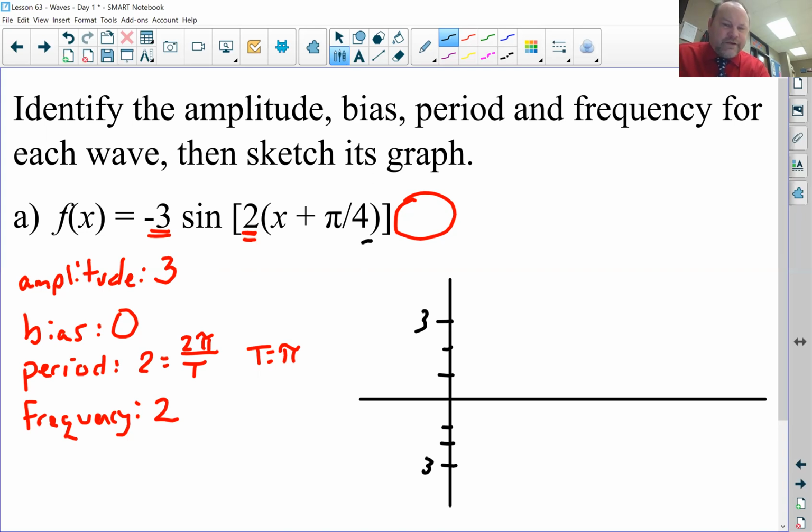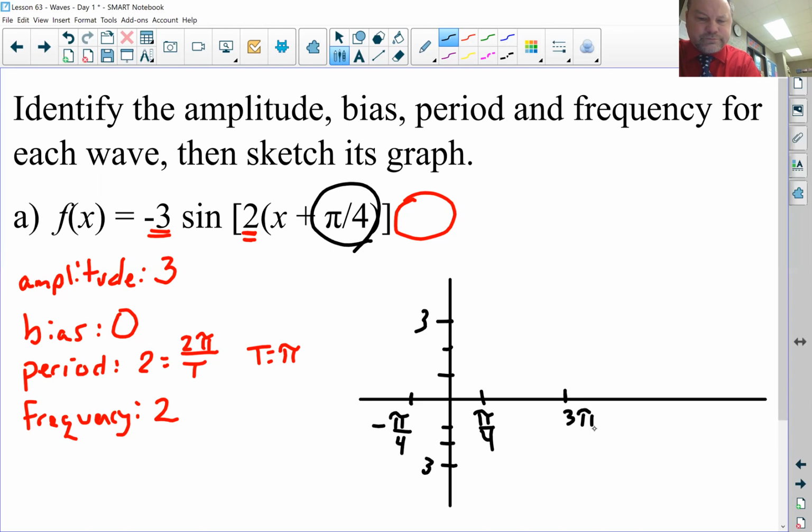And the fact that I do have a phase shift, it is going to get shifted, and it is going to get shifted left pi over 4 units. All right.